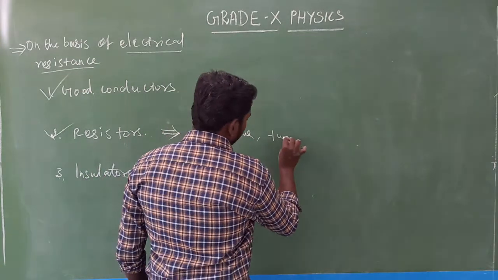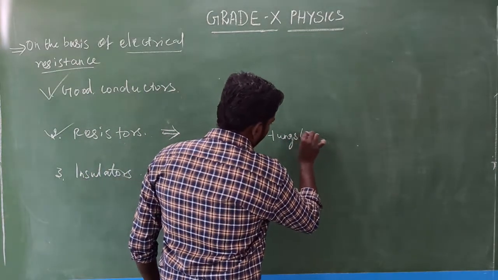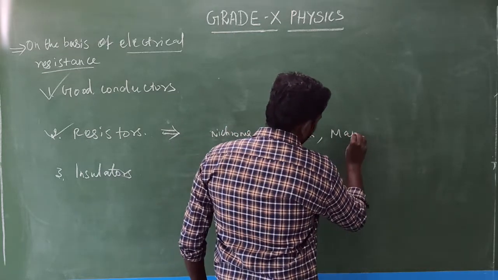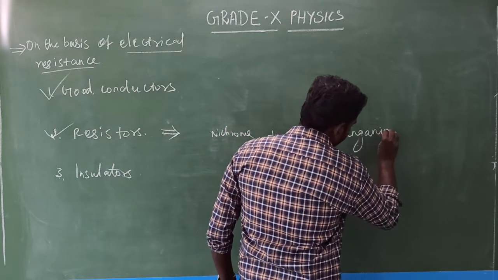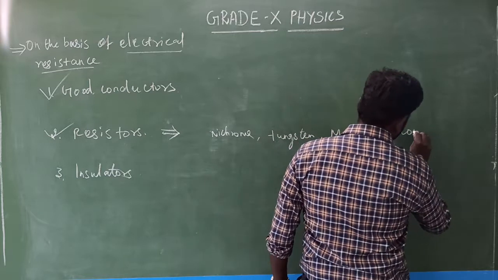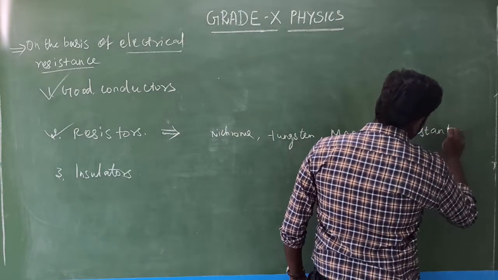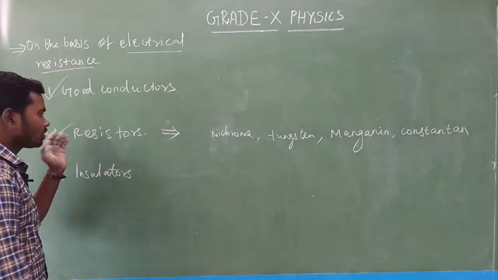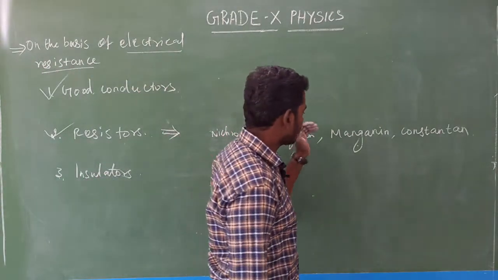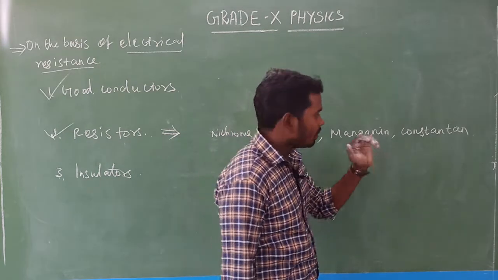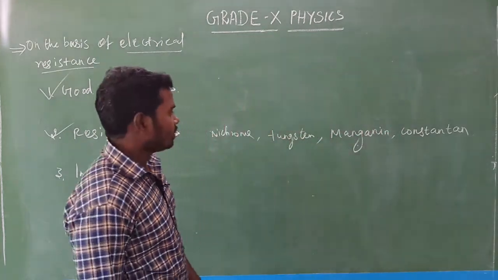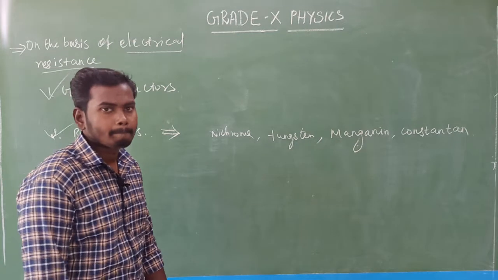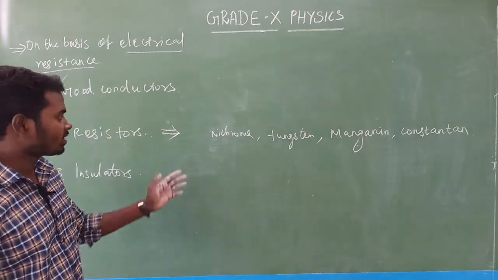Then the tungsten, manganese, constantan. These are all resistors. Know this point. Resistors: nichrome, tungsten, manganese, then constantan. These are all examples of resistors.